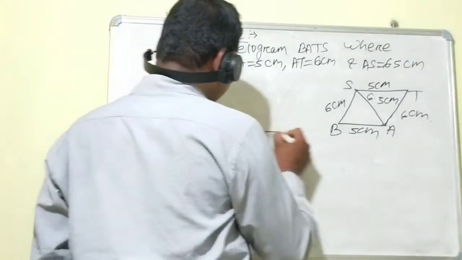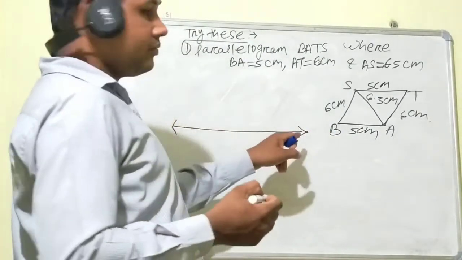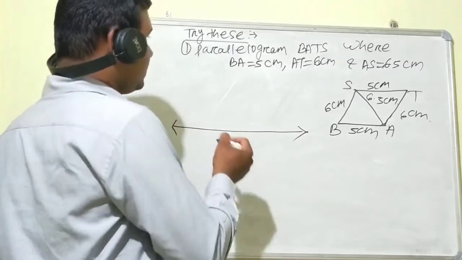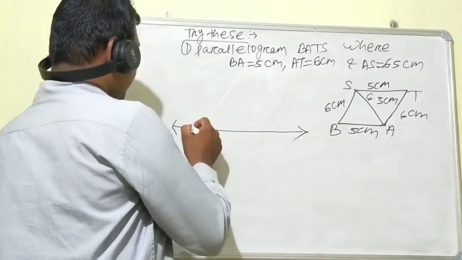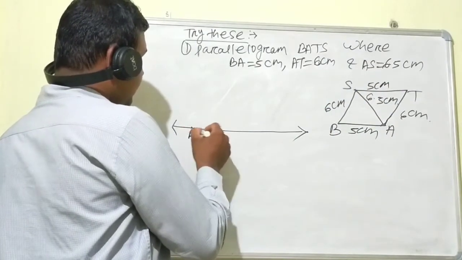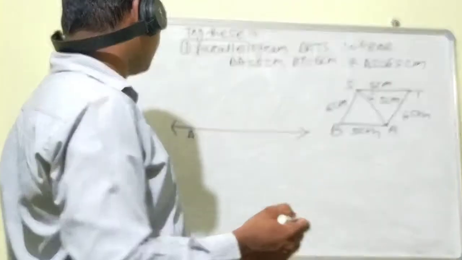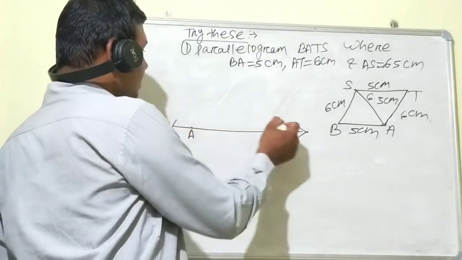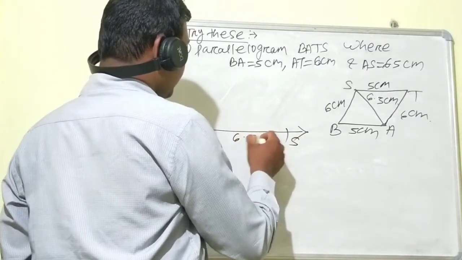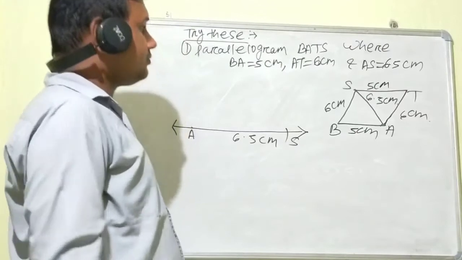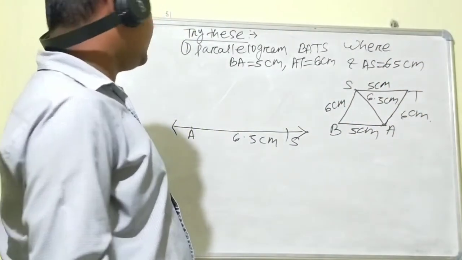First we'll draw the diagonal at the base, that is AS. So we take a point A, measure 6.5 centimeter, keep the compass tip at A and cut it as AS, that is 6.5 centimeter. Then we know ST is 5 centimeter.